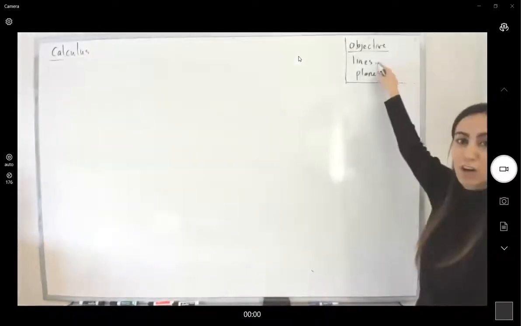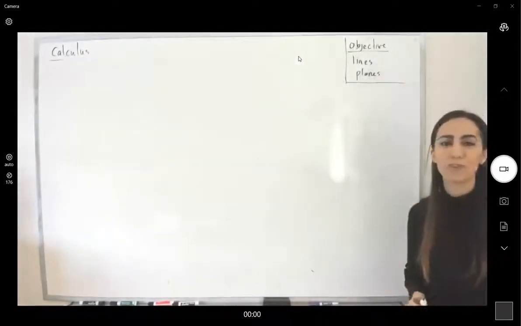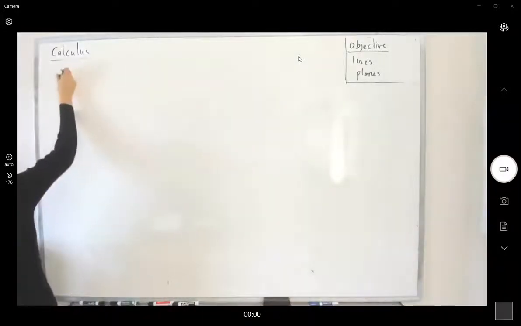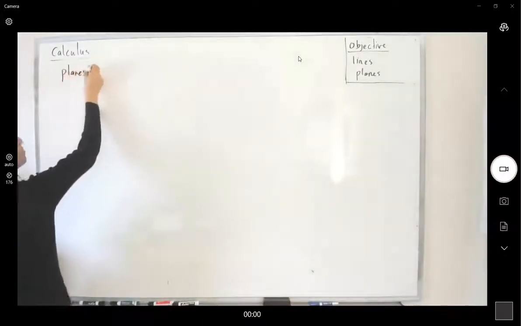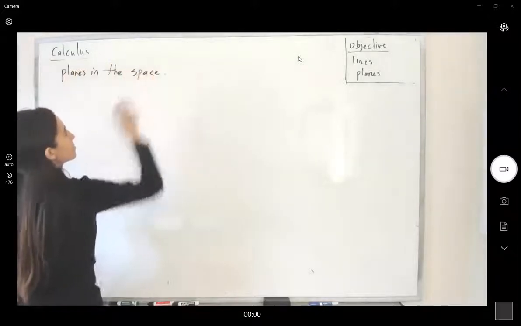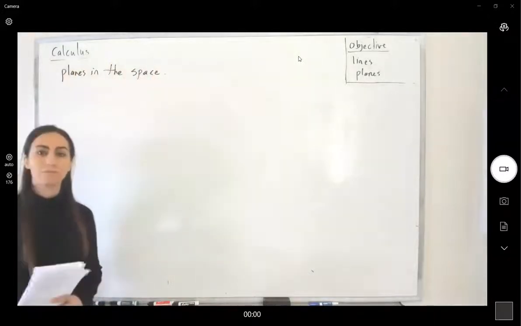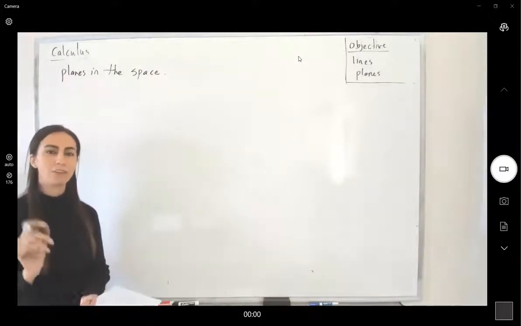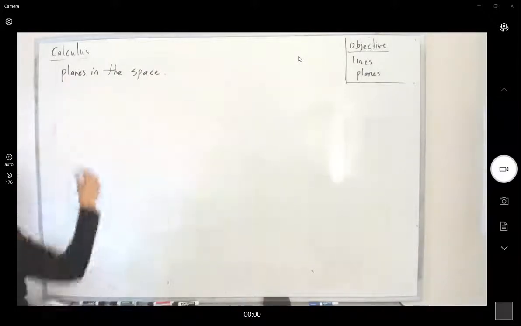So far we talked about lines. Now we're going to move on to talk about planes in this sense. Well, to write the equation of a plane in space, we always start by having a point.